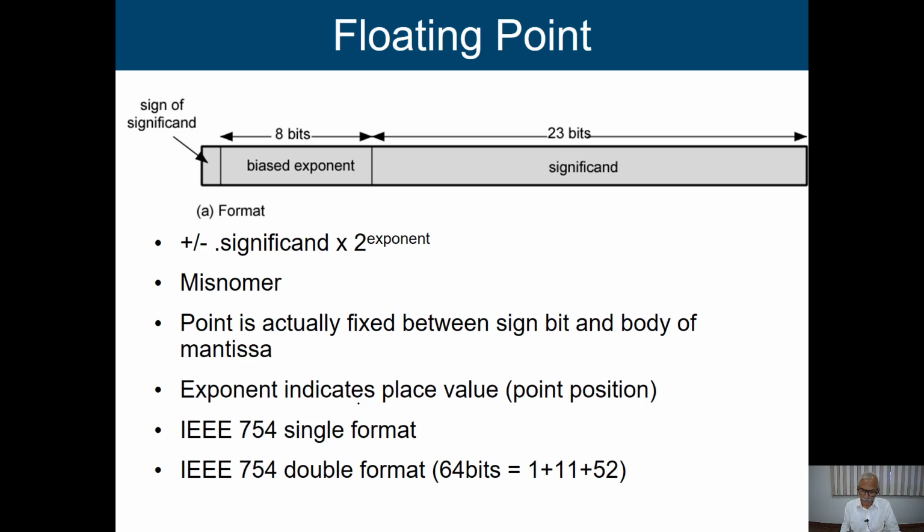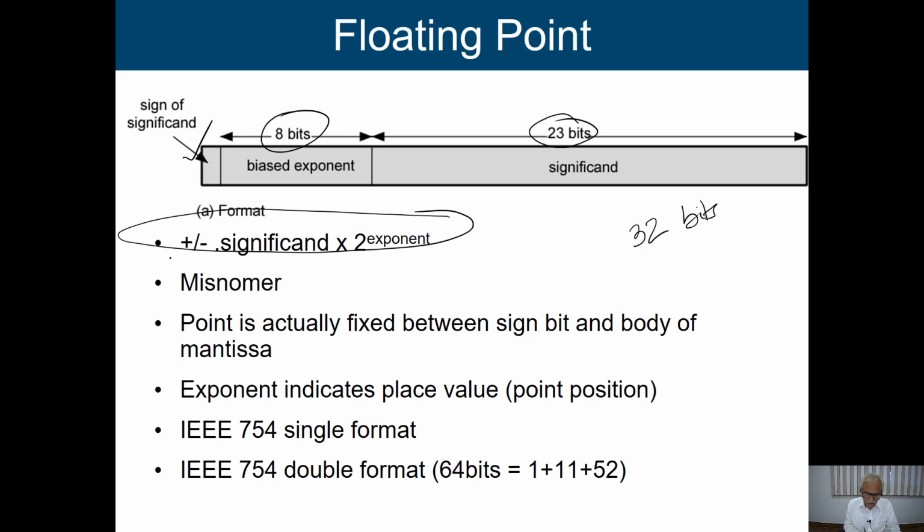In case of single format we are using 32 bits. Okay, these 32 bits are divided like that. 1 bit is for sign bit, 8 bits is for biased exponent, and 23 bits is for significand or mantissa. And whatever we are storing over here, basically this is the representation: sign, then dot, significand into 2 to the power exponent. Okay, this is the way we are going to say.